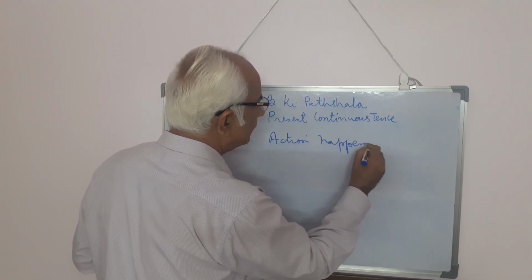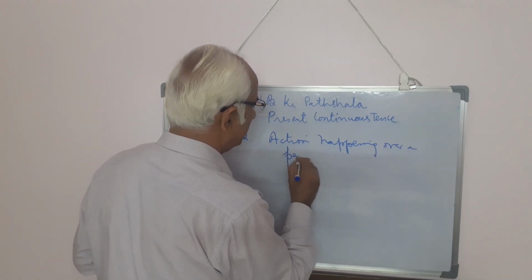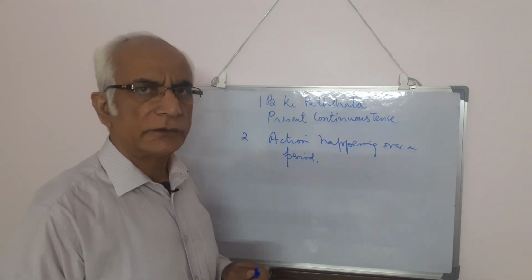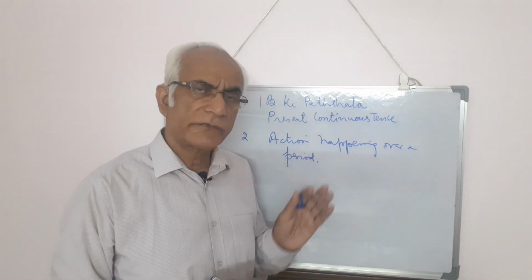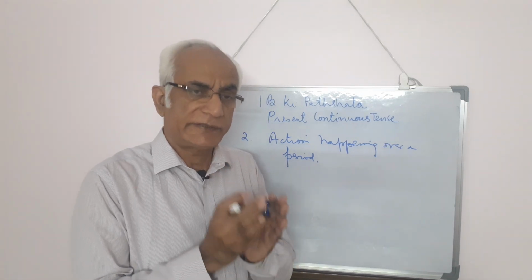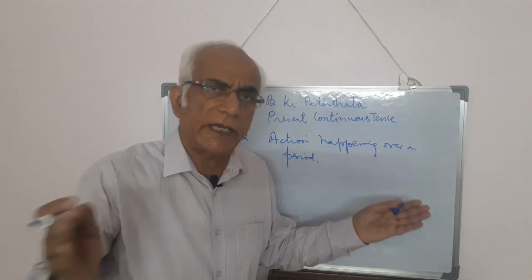happening over a period of time. Earlier was when the action is happening when you're talking about it. Second situation is when you're talking about an action which is happening for some time.